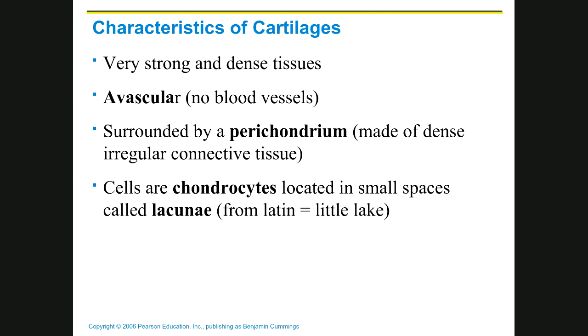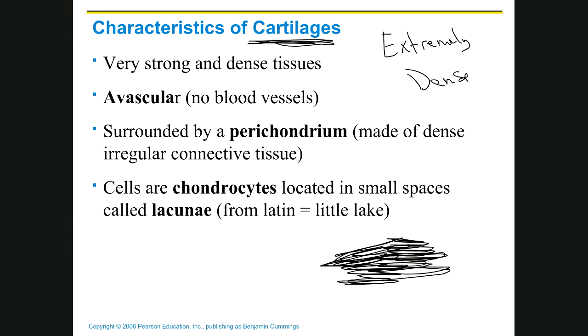So cartilages are a little bit different from most connective tissues. For one thing, they're extremely dense, extremely. So they're packed in there like crazy. And because they're so dense, everything's packed like crazy, the cells have to have a space to fit in.